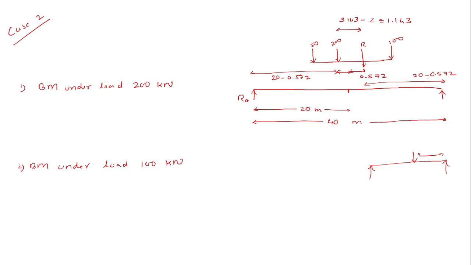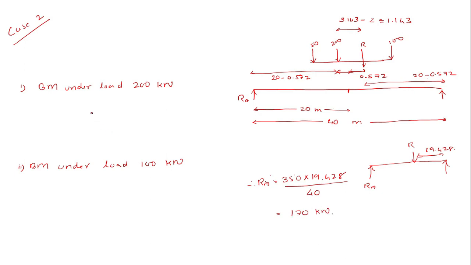So this distance will be 20 minus 0.572, that will be 19.428. Therefore RA will be equal to 350 into 19.428 whole divided by 40. This will give me an answer of 170 kilonewton approximately.